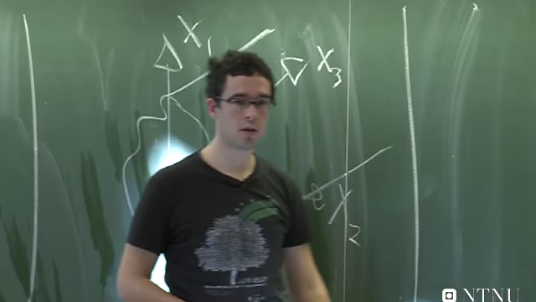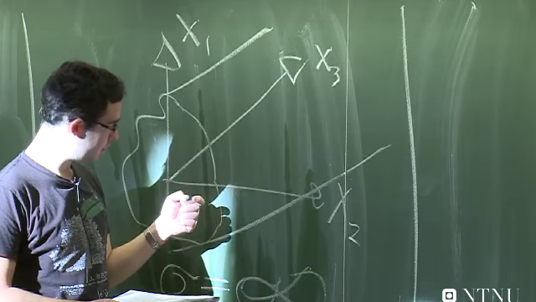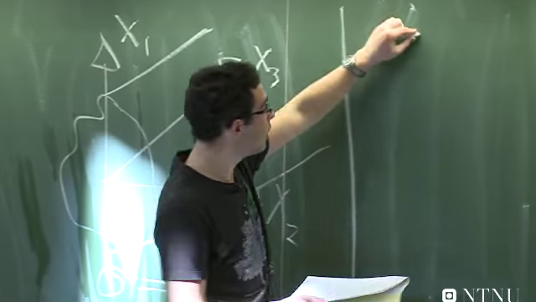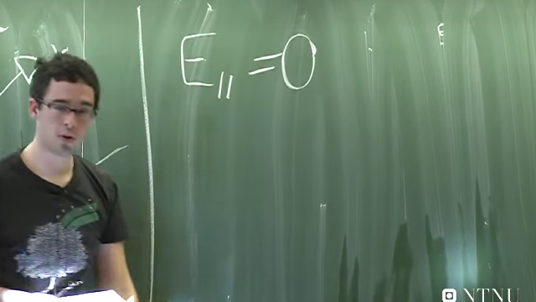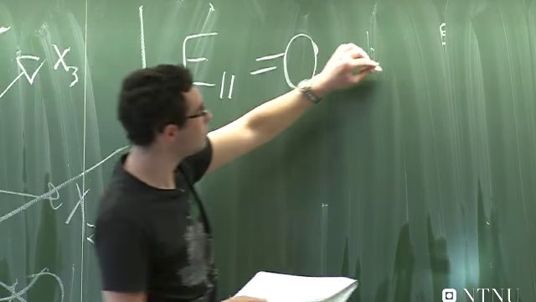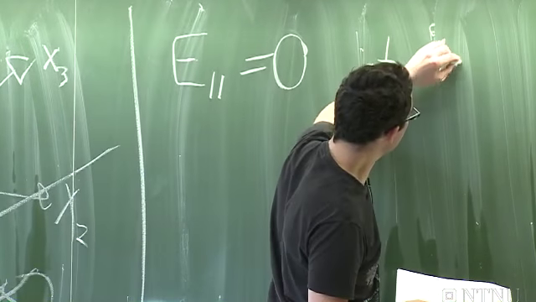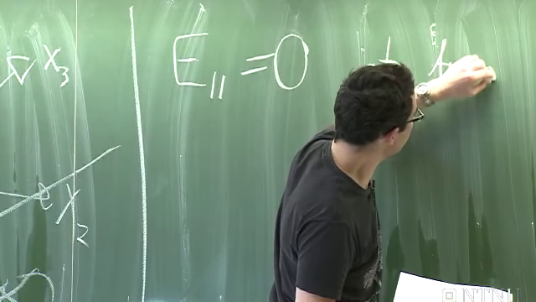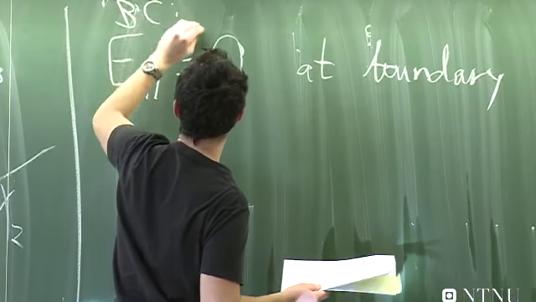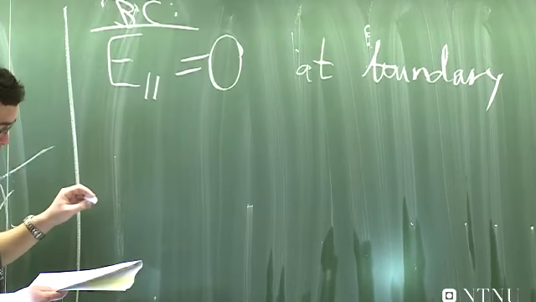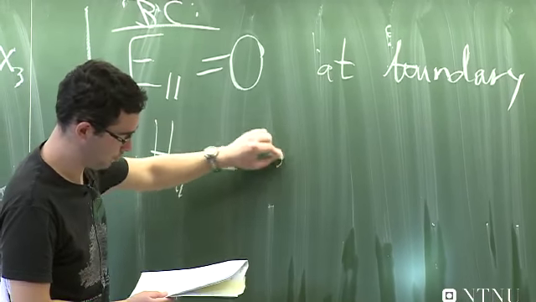And again, this means that our boundary conditions, which we know are very important, at least we know that now, are the following: that E parallel is equal to 0 at the interface. And equivalently, or similarly perhaps, H parallel is equal to 0.